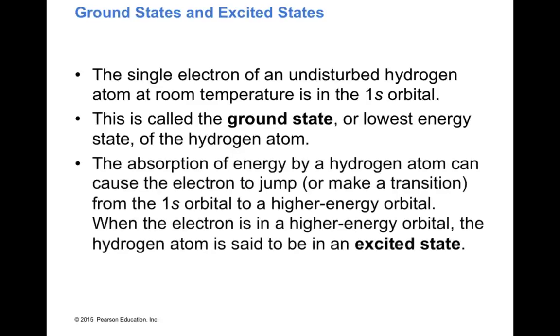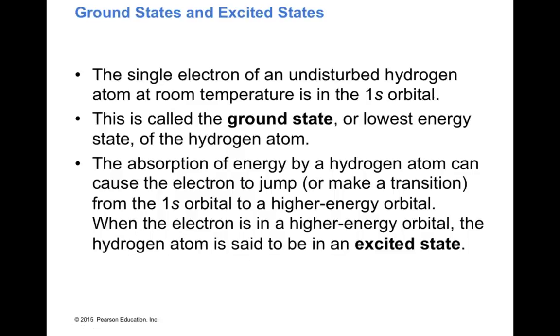The absorption of energy by a hydrogen atom can cause the electron to jump, as we saw before when we tried to explain with the Bohr model that they jump to orbit 2, 3, 4, or 5. So in this model, it can jump from the 1s orbital to a higher energy orbital. When the electron is in a higher energy orbital, the hydrogen atom is said to be in an excited state.